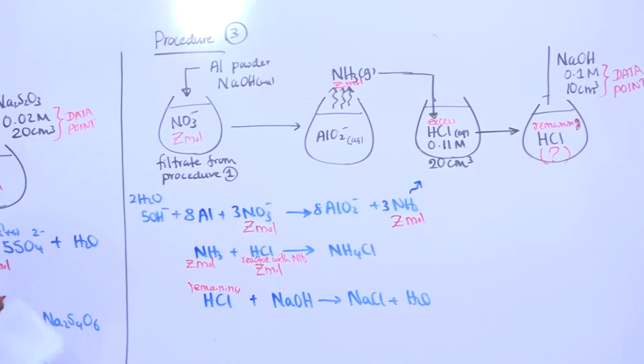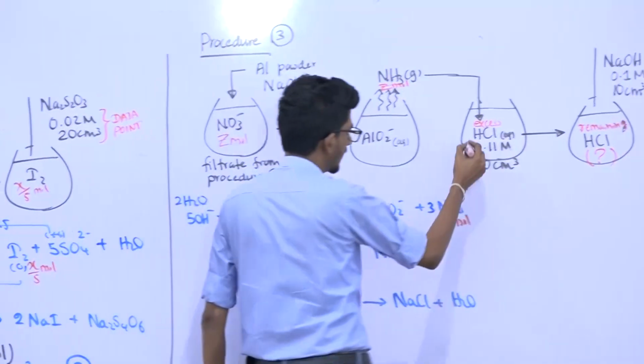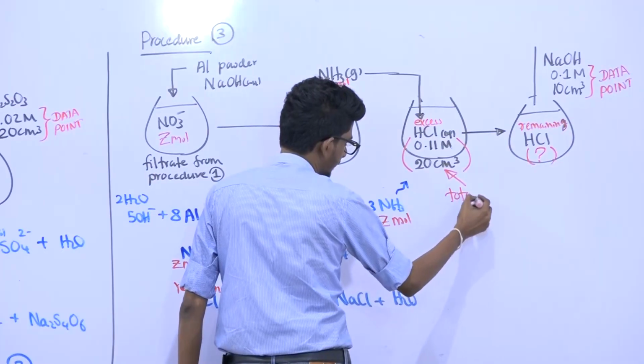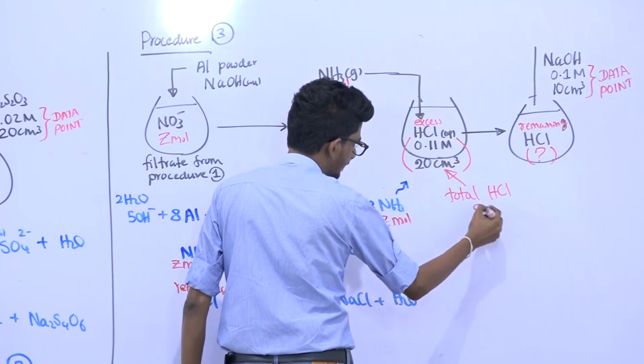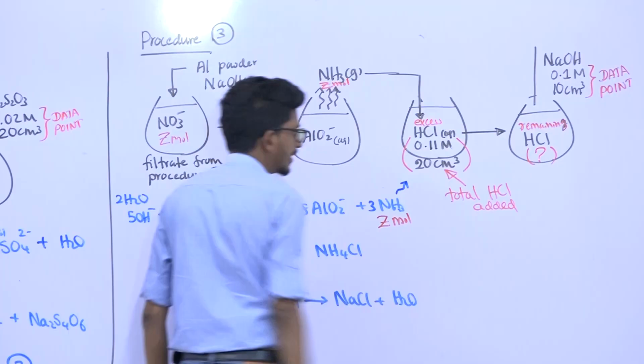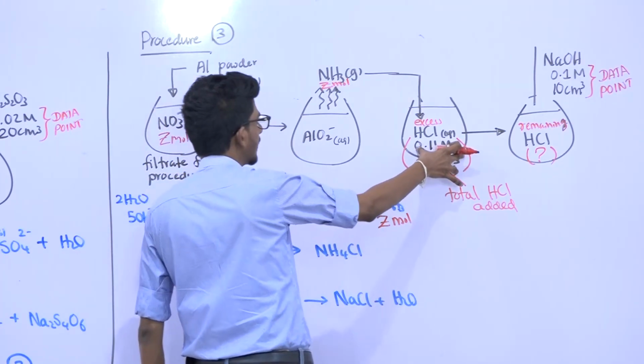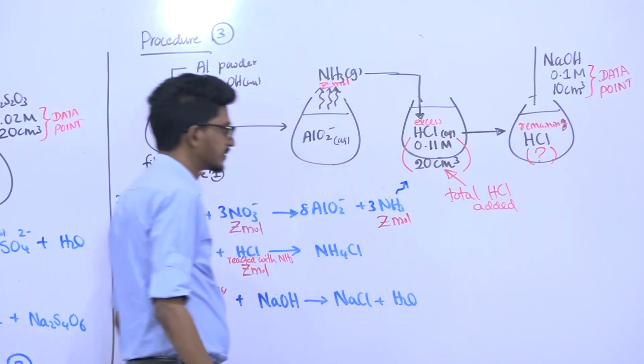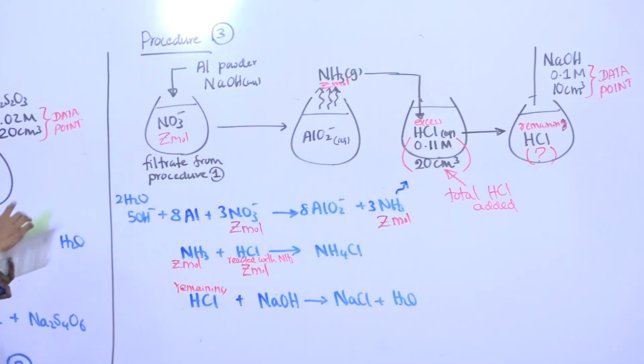Right? Okay, this is the total HCl added, right? The remaining is the total HCl added minus the NH3-reacted amount. Right? So I'll write the value here.